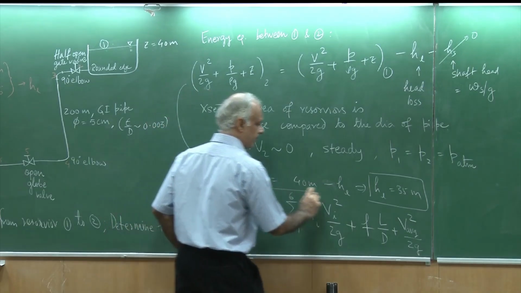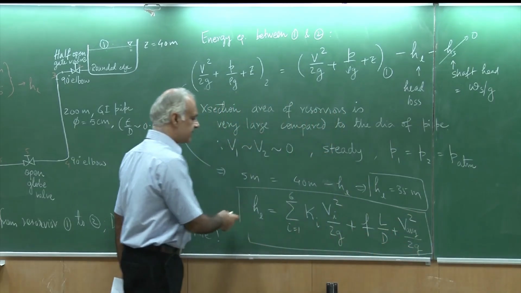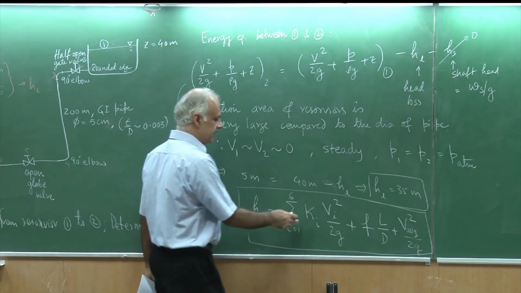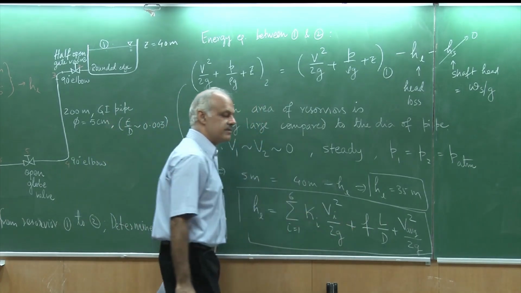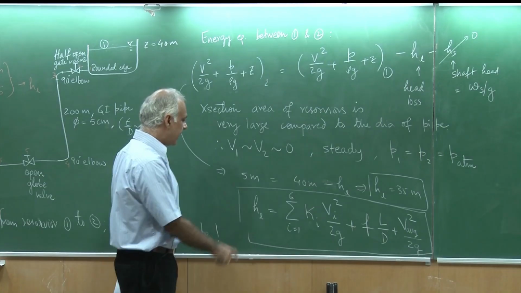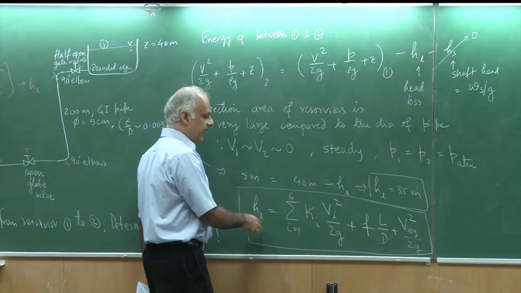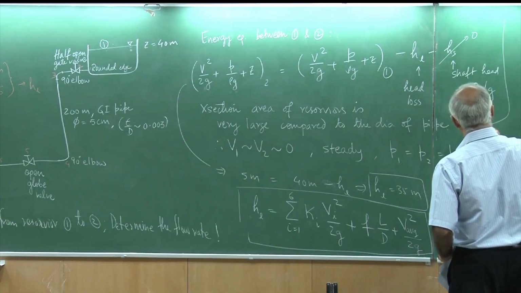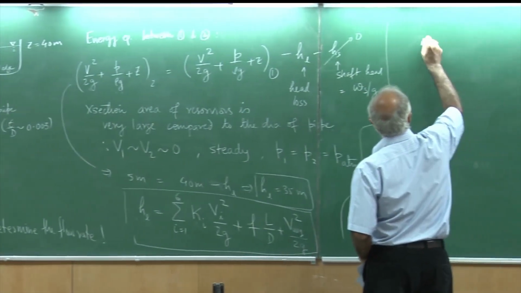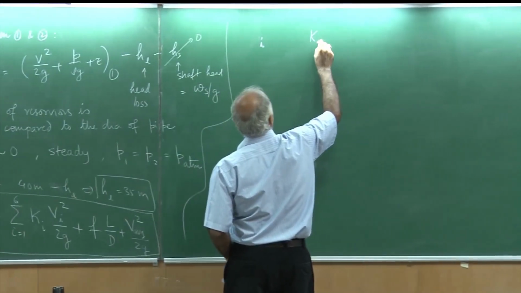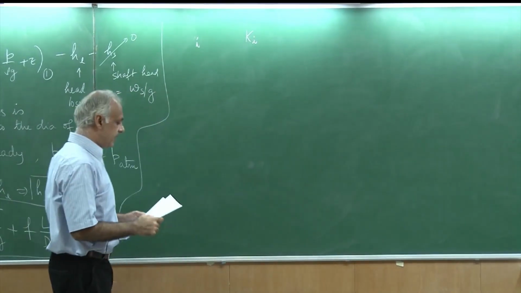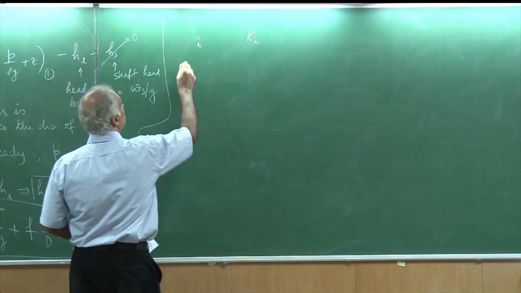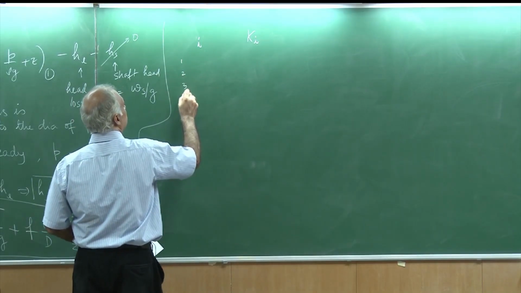Now the next task is to estimate these Ki's and f. Once I do that, I know HL, and then I could probably get the value of the speed. So let me make a small table here of i and the Ki for the different fittings. I have 6 of them.